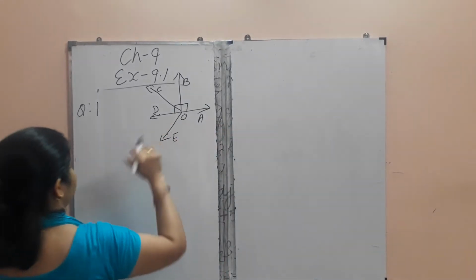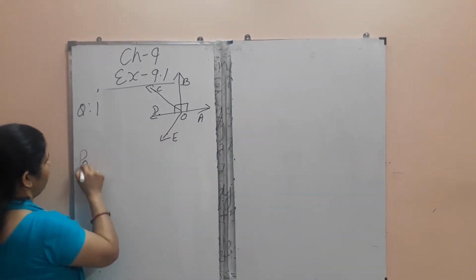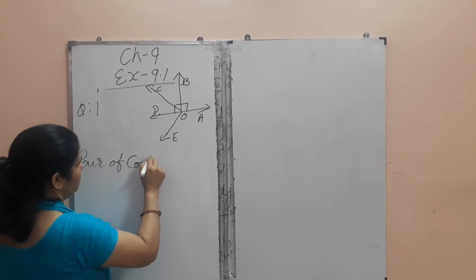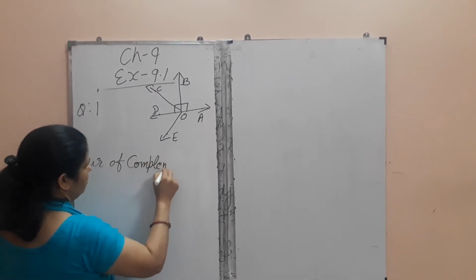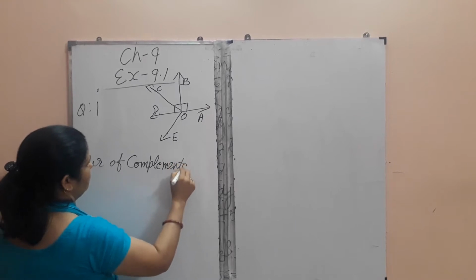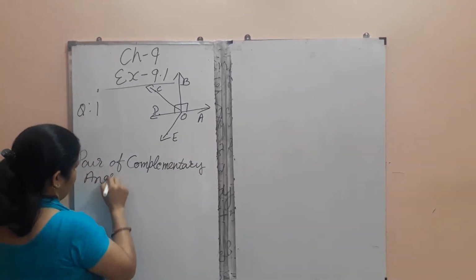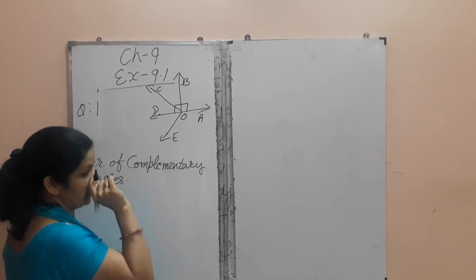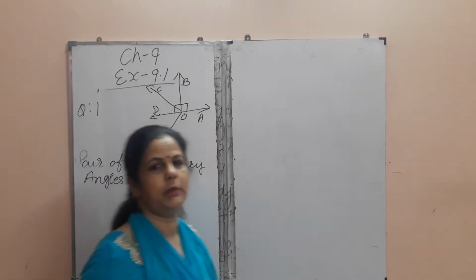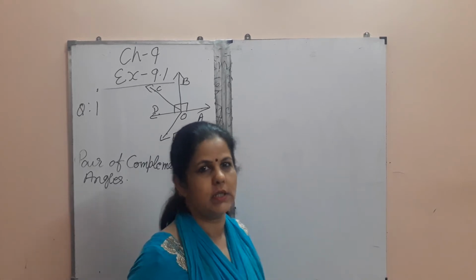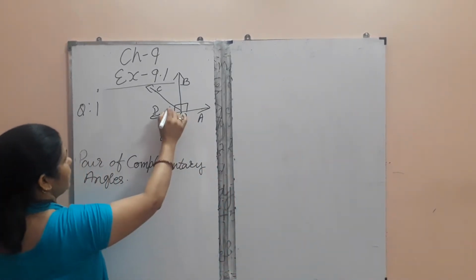In this diagram, we have to tell the pair of complementary angles. A pair of complementary angles means two angles which make a 90-degree angle. So in this only one pair is there.